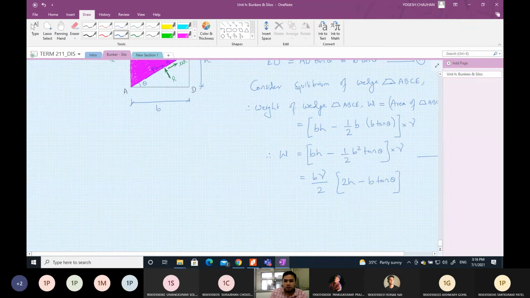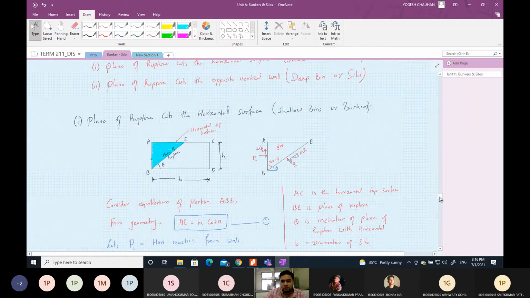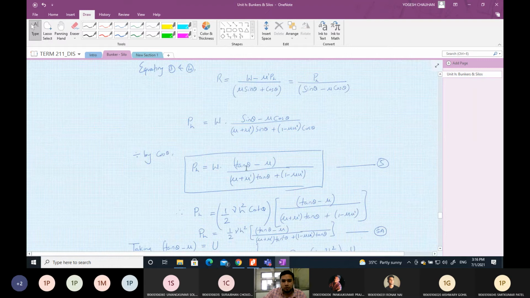Now from the earlier case 1, if we see equation number 5, we can derive the expression in the same manner as we derived equation 5 in case 1, that is pH is equal to W tan theta minus mu upon mu plus mu dash times tan theta plus 1 minus mu times mu dash.